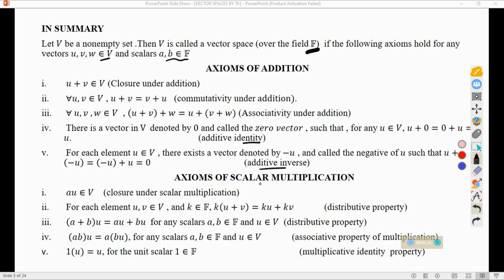We also talked about axioms related to scalar multiplication: closure under scalar multiplication, the distributive property, the associative property of multiplication, and the multiplicative identity property. So we talked about all these 10 axioms that should be satisfied for a given non-empty set to be called a vector space over a given field.